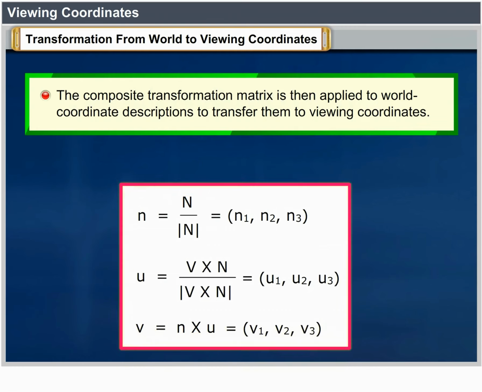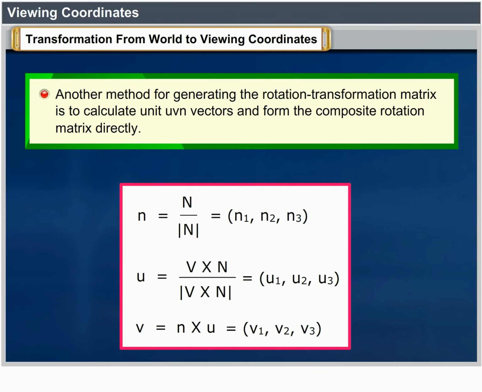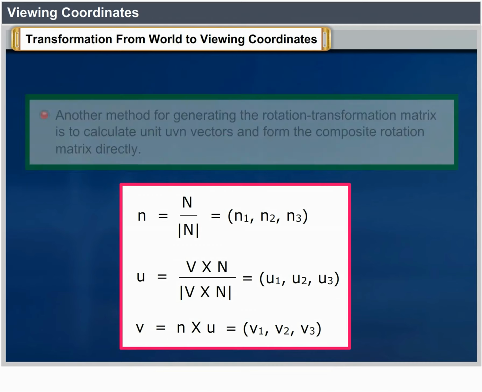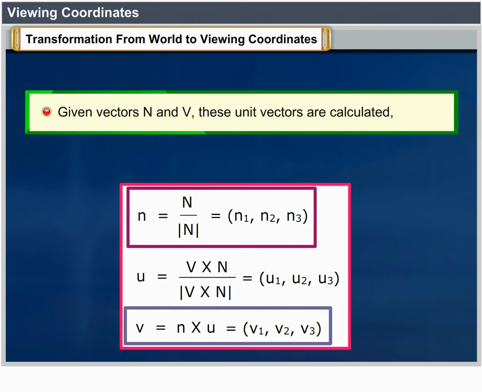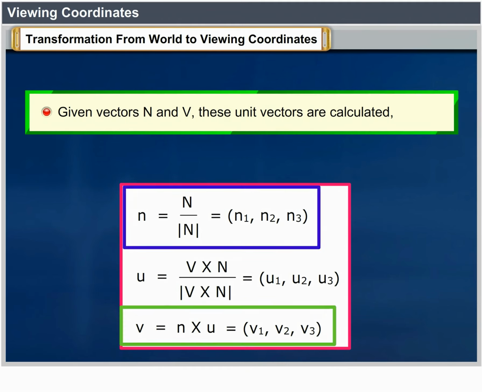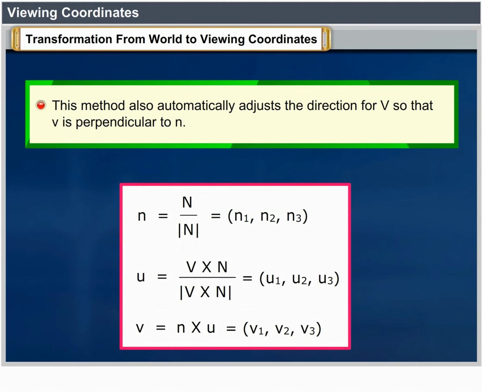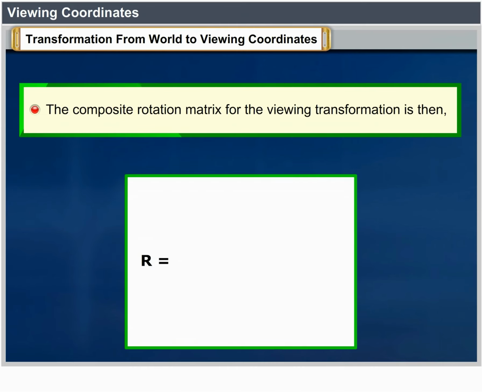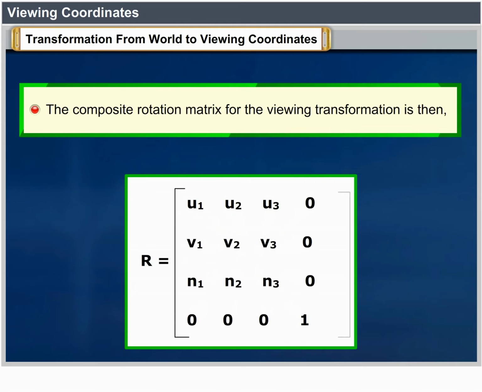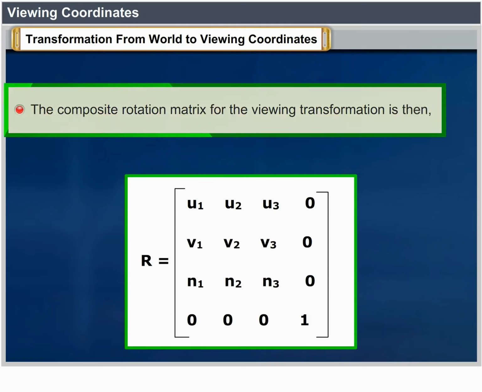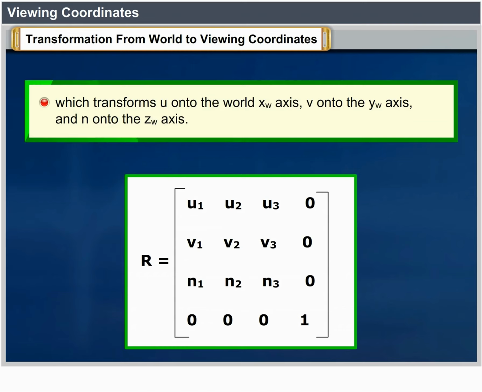Another method for generating the rotation transformation matrix is to calculate unit UVN vectors and form the composite rotation matrix directly. Given vectors n and v, these unit vectors are calculated as shown below. This method also automatically adjusts the direction for v so that v is perpendicular to n. The composite rotation matrix for the viewing transformation is then the matrix R shown here, which transforms U onto the world XW axis, V onto the YW axis, and N onto the ZW axis.